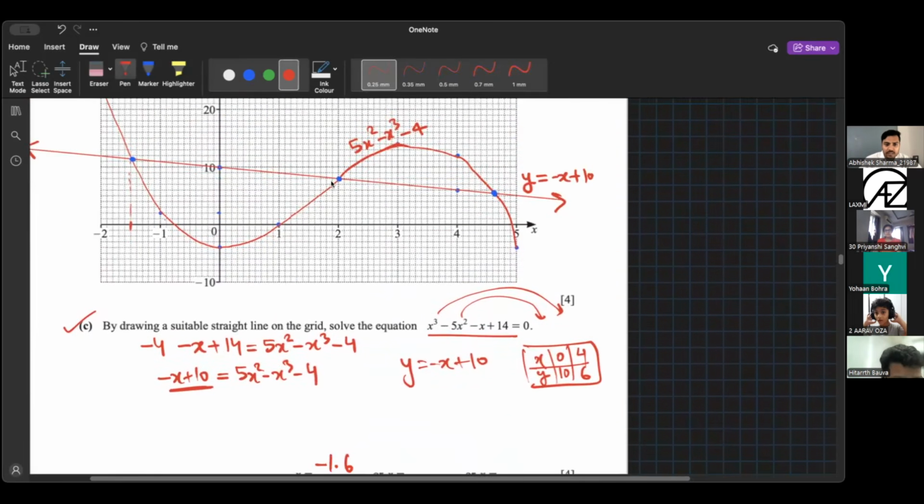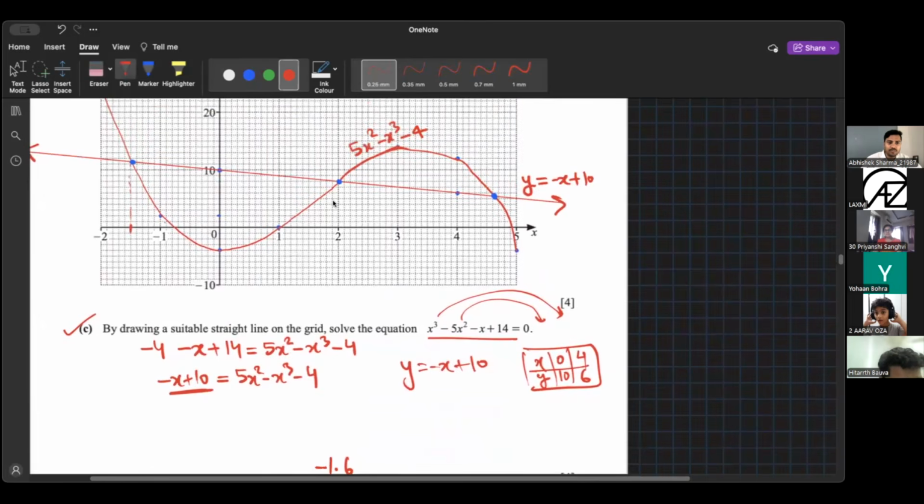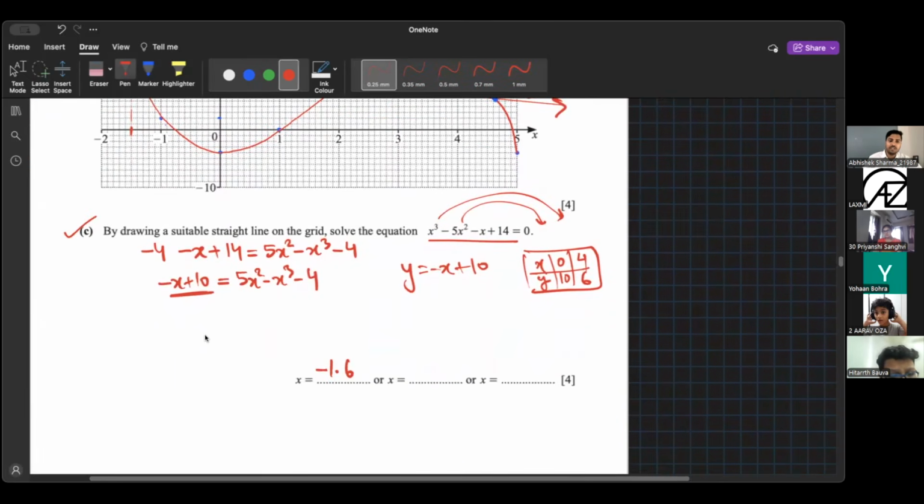The range I have in the mark scheme is minus 1.4 to minus 1.7, and our answer is precisely between the range. The answer is minus 1.5.